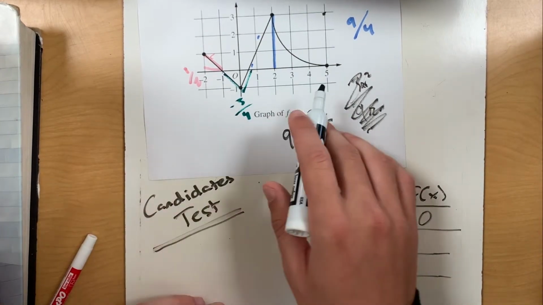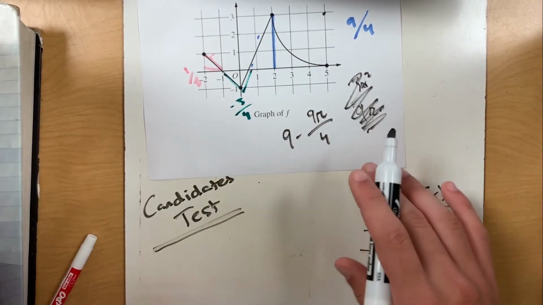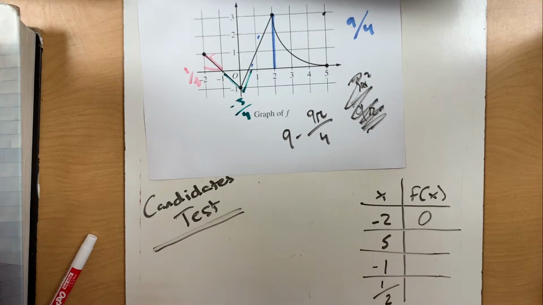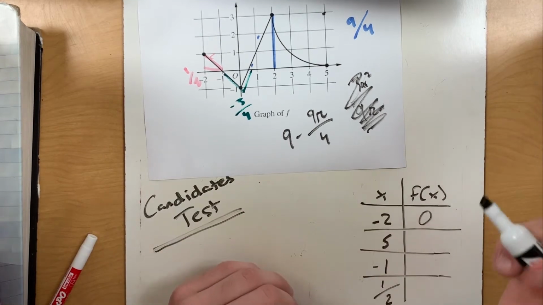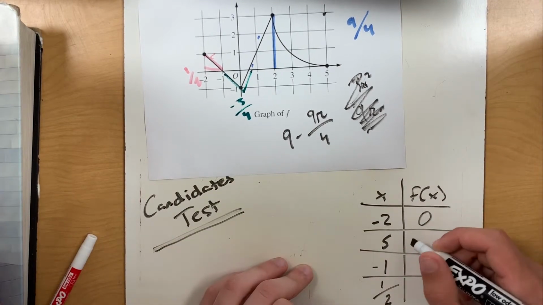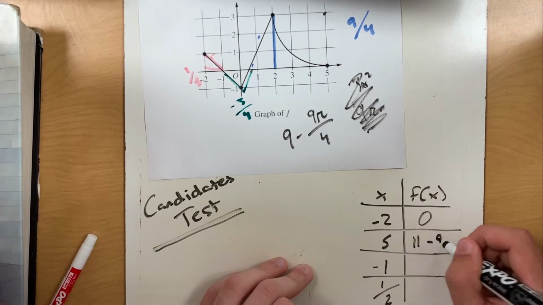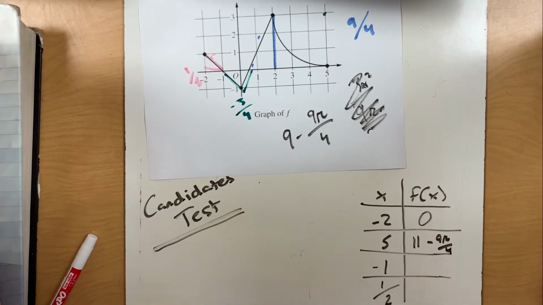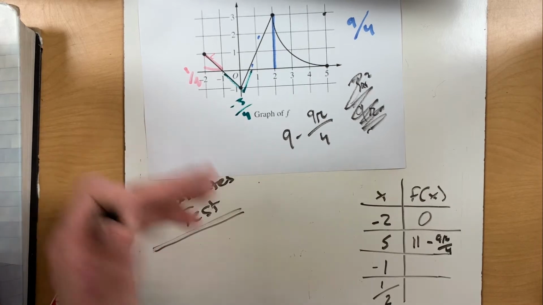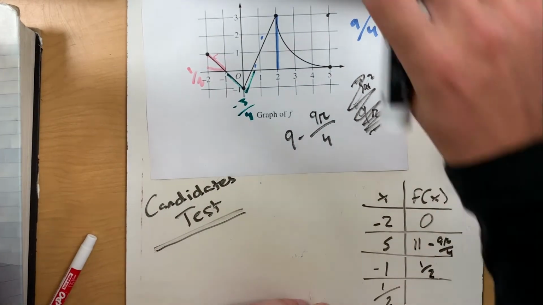From -2 to 5, the total, we just add up the sum of all of them. So 1/2 minus 3/4 plus 9/4, and then plus the 9 minus 9 pi over 4 would all equal out to 11 minus 9 pi over 4. And then from -2 to -1 is just the 1/2.